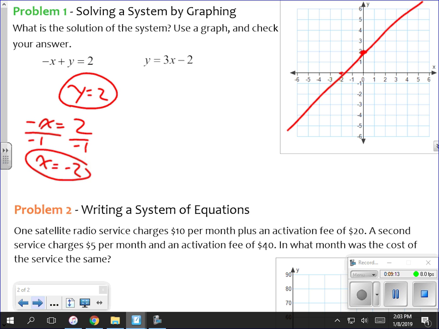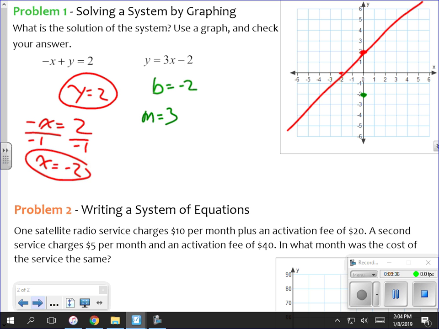Second equation, I need to graph that one. I'm not going to use x and y intercepts because the equation does not go well for x and y intercept. What I will do on this one is do slope and intercept. My y-intercept is negative 2. And my slope is 3.